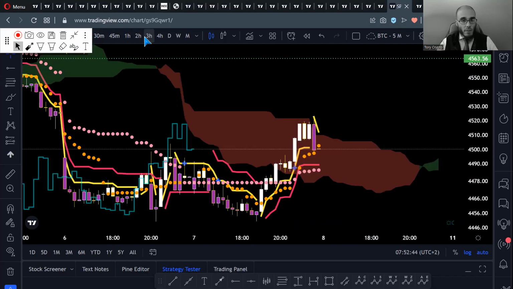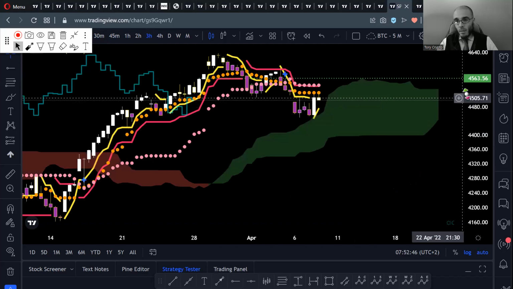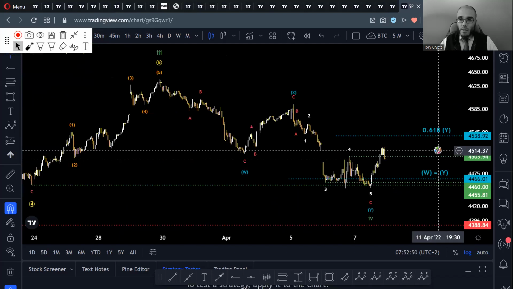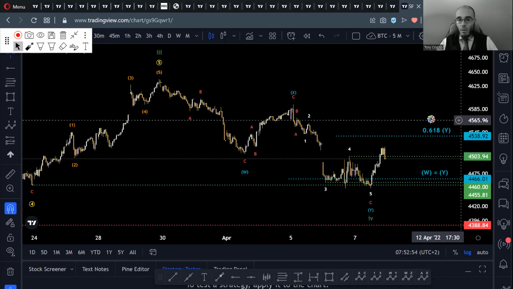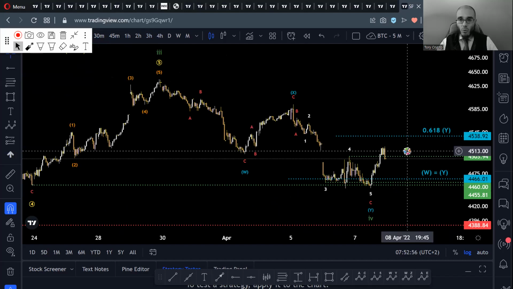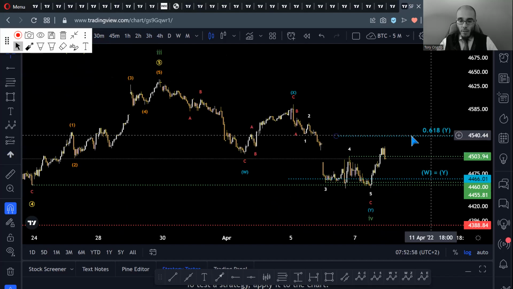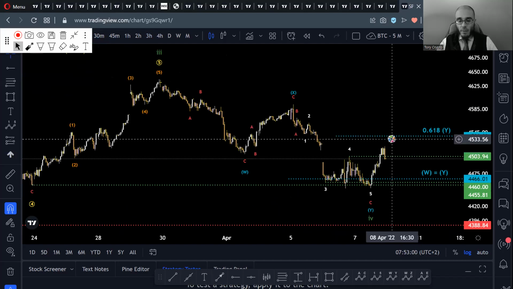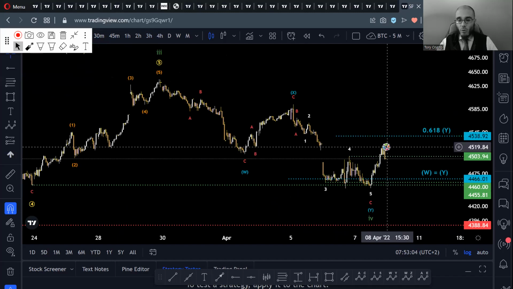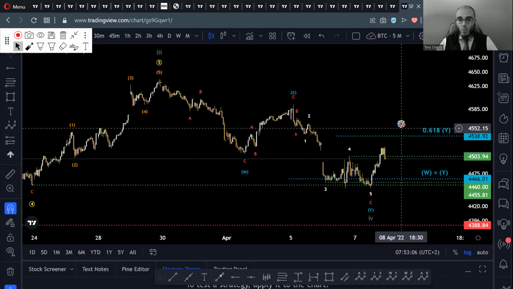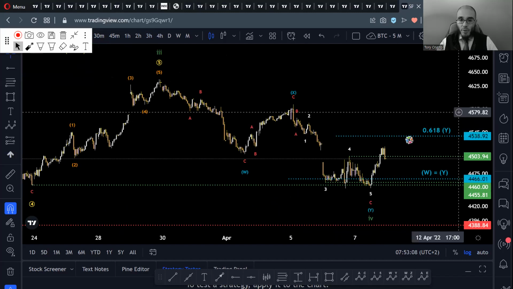Let's go to the 3-hour chart. Here it is, 4,563. So it's 63, and here it is 38. So Elliott wave would allow you to enter a little sooner, since 61% is a good level for you to consider that if you are above that level, it will go higher if you retrace that amount.